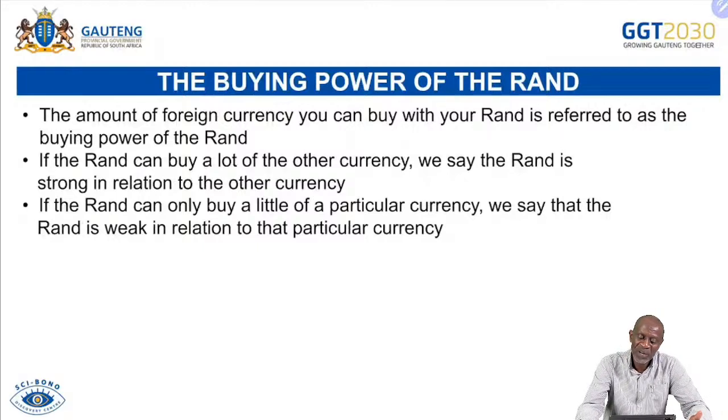If the rand can only buy little of a particular currency, we say that the rand is weak in relation to that currency. As with the previous examples, you would realize that you'll spend plus minus 18 rand to get $1. So the rand, as compared to the US dollar, is weak because 1 US dollar can buy 18 rand.